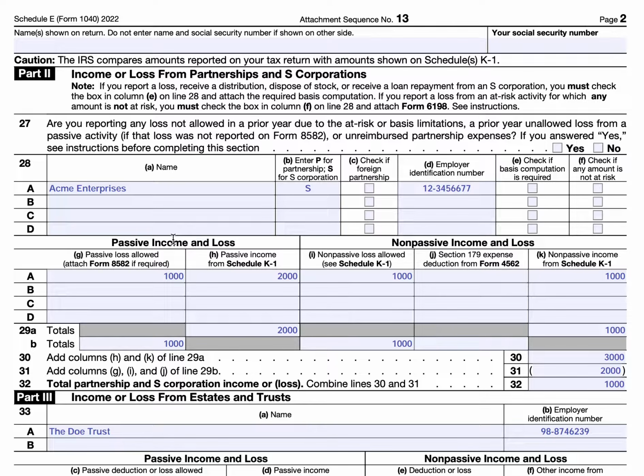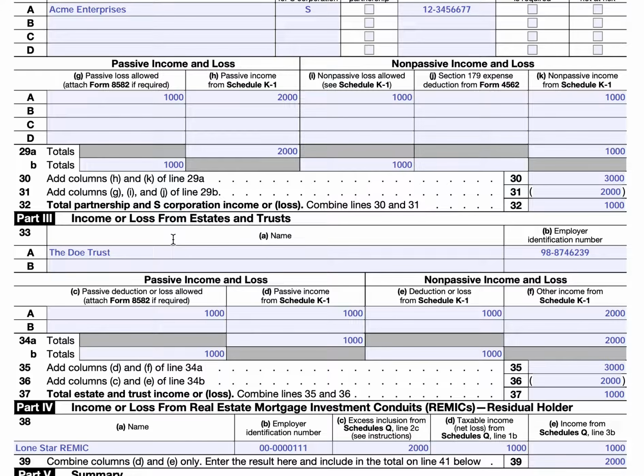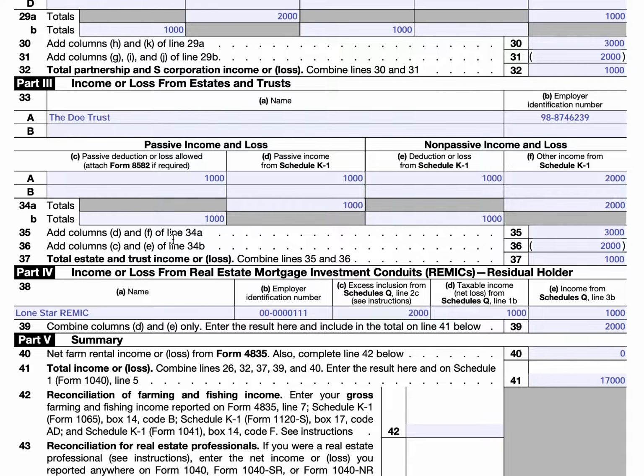Part 2 is income or loss from partnerships and S corporations. Part 3 is income or loss from estates and trusts. Part 4 is income or loss from REMICs. And then Part 5 is a summary where we combine all of these income sources and then enter them on the respective line for your tax return.